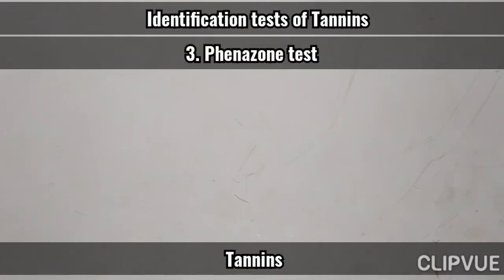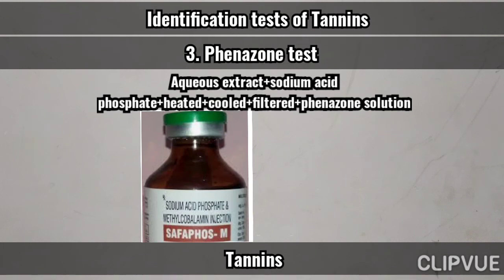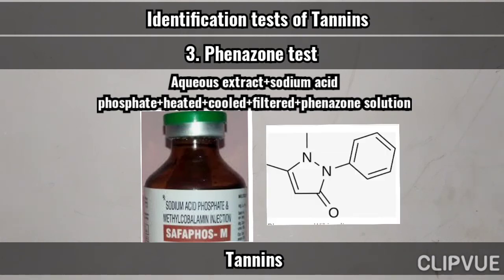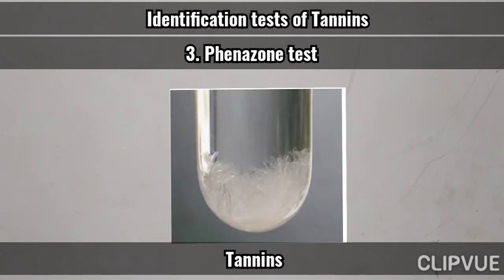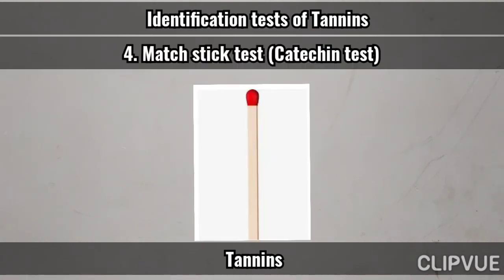Third one, phenazone test. Aqueous extract, sodium acid phosphate is heated, then cooled, then filtered. Phenazone solution is added to the filtrate. It gives a bulky colored precipitate. Fourth one, matchstick test.